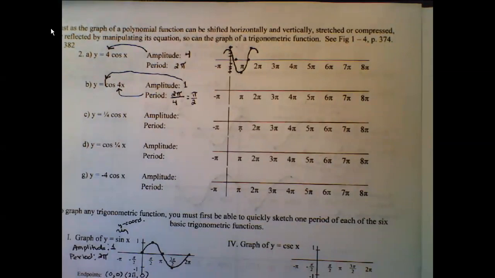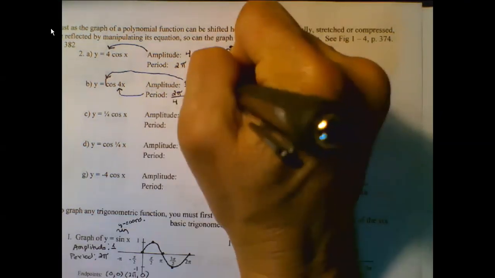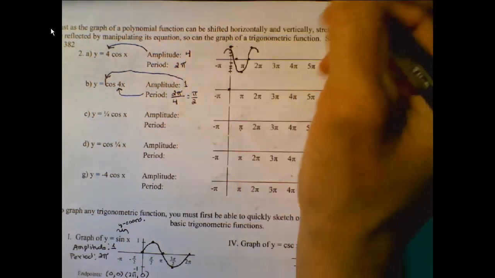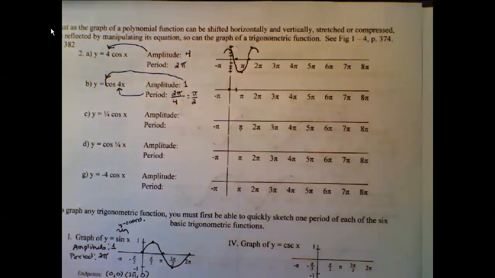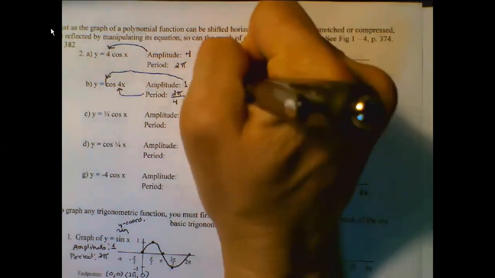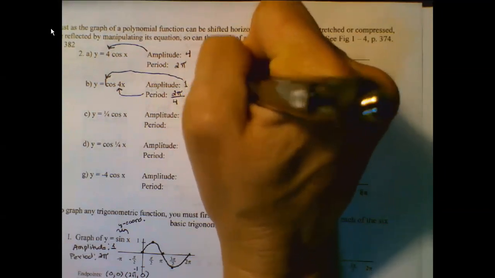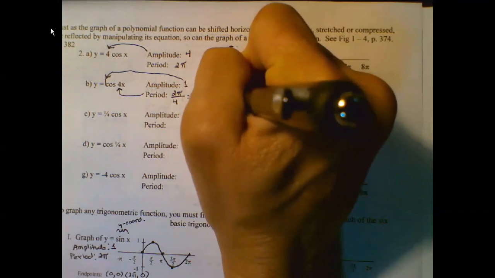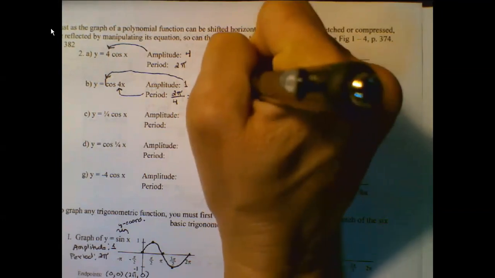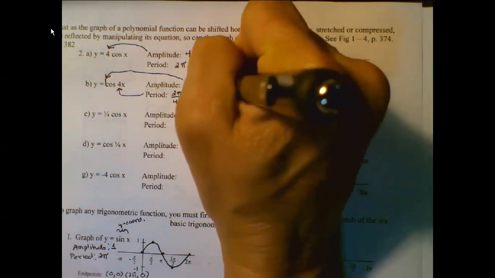It's going to do its whole thing in a distance of just half pi units. So between 0 and a half pi, it has to do its whole going up to +1, down to -1, and back up to +1.